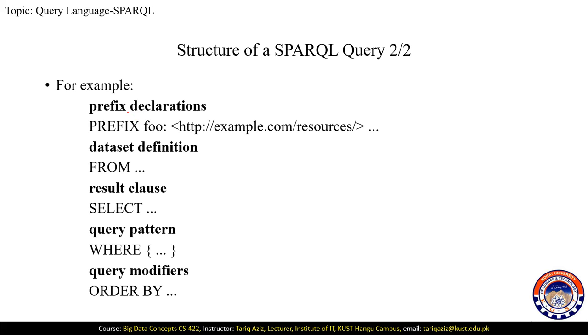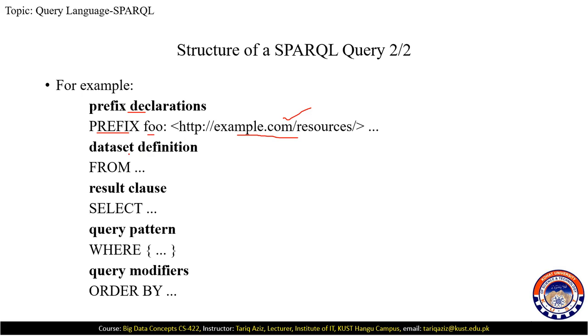So what do we mean by the prefix declaration? First of all, you have to write the term prefix. Then the name of the prefix, in this case foo, and then you have to write the resource. So this is our resource, this is our URI, or we can say this is our URL. Basically our URL is the resource.